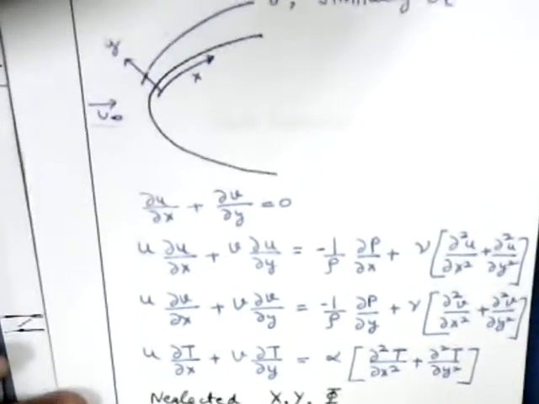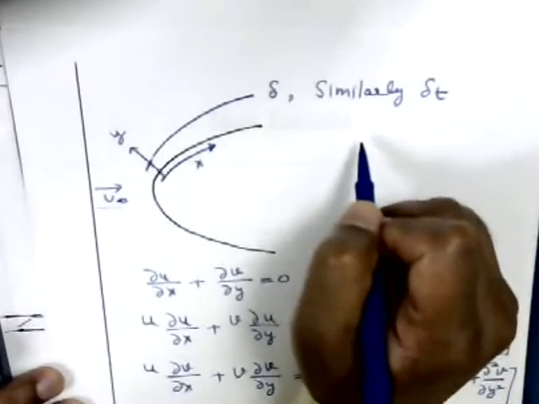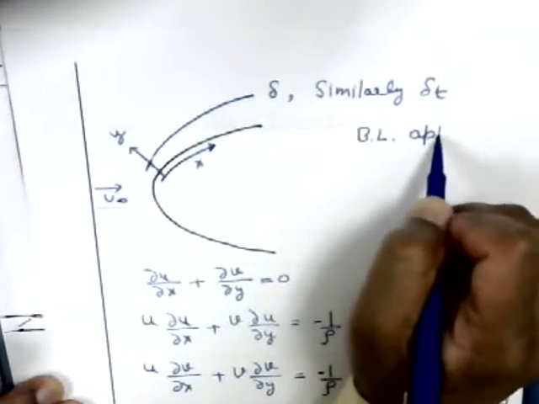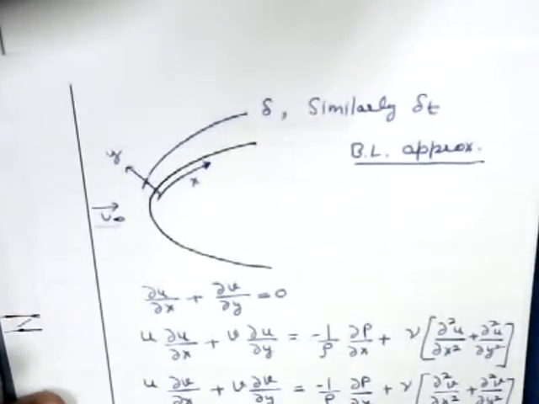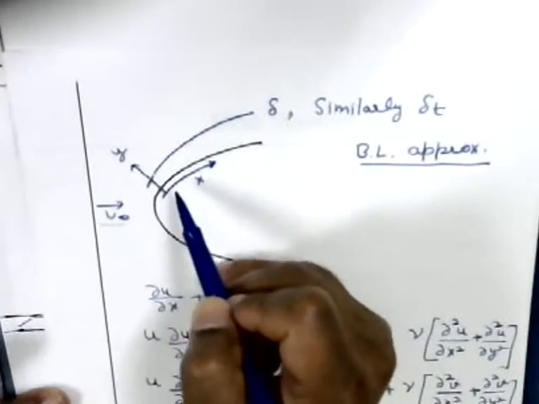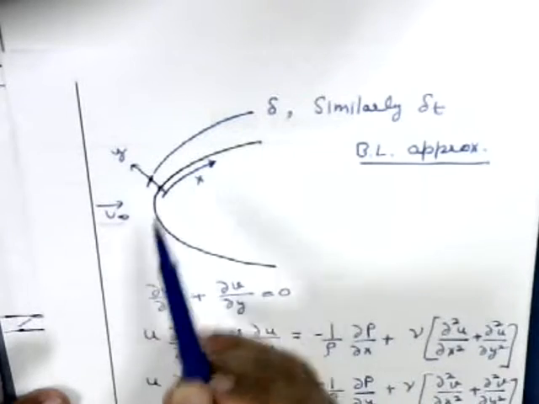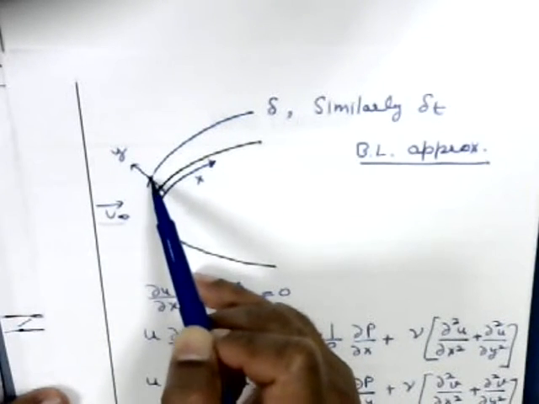The essence of boundary layer approximation is this. From this point to this point, across the boundary layer, flow velocity changes from 0 to u infinity.